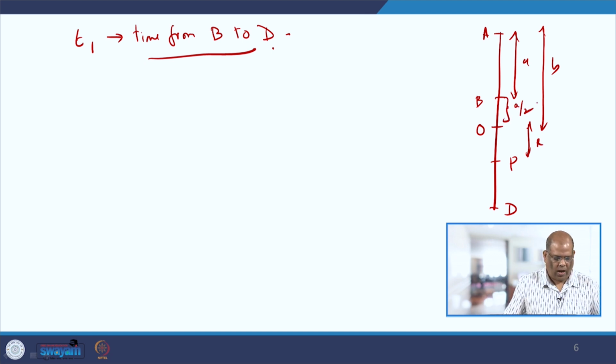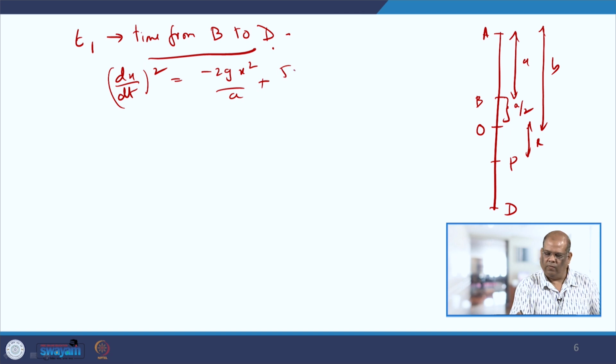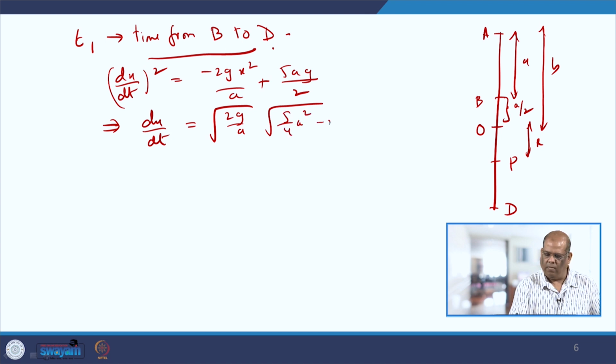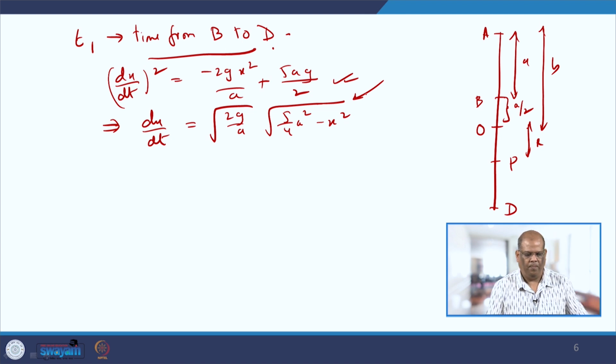So, if you want to calculate the time, you have to consider the equation (dx/dt) whole square, which is equal to minus 2g x square by a plus 5ag by 2. And if I simplify this, I will get dx/dt equal to root of 2g by a times root of 5 by 4 a square minus x square. A bit of simplification, and you can put it in this form.